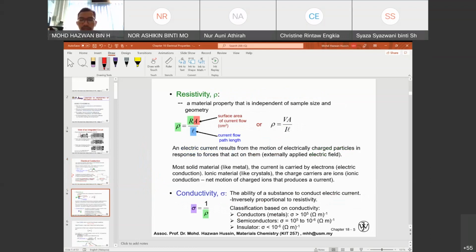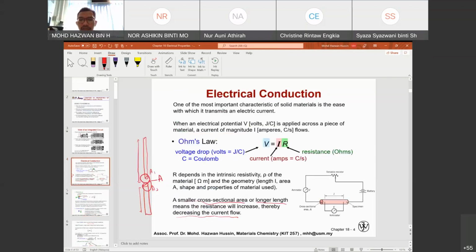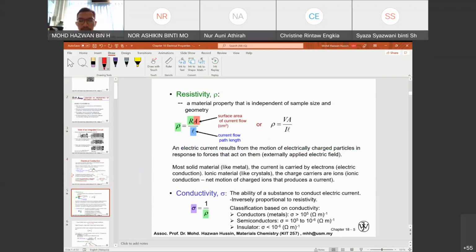We've looked into this definition as well, how you can look into the intrinsic resistivity, rho. So rho equals resistance multiplied by area over length. And we also have looked into conductivity.